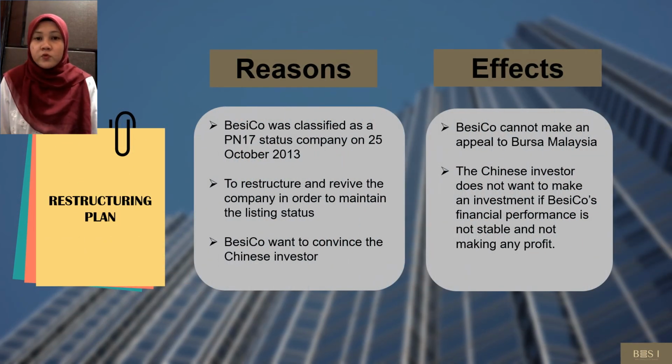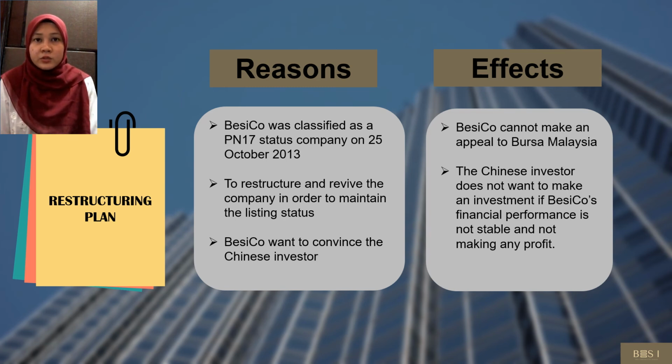Okay, next we move to question 4. Yes, we agreed that the restructuring plan should be proposed to the Board of Directors and Managing Director of Besico. The reason why Besico needs to make a restructuring plan is because it was classified as PN17 status on 25th October 2013. Therefore, Besico needs to restructure and revive the company in order to maintain the listing status.